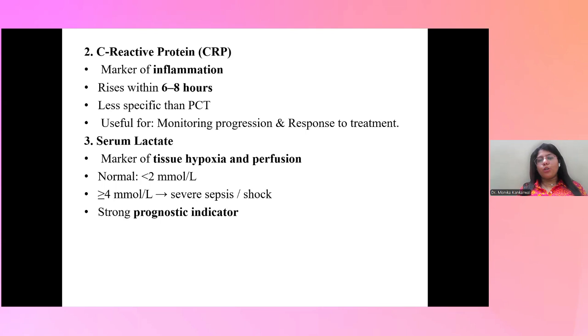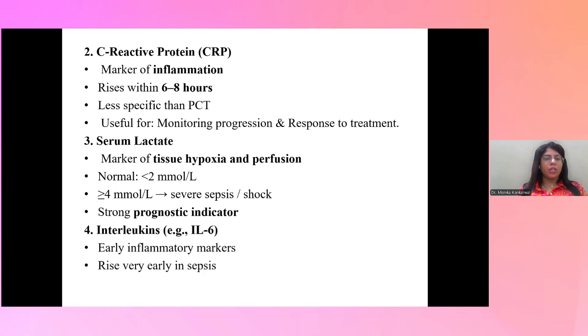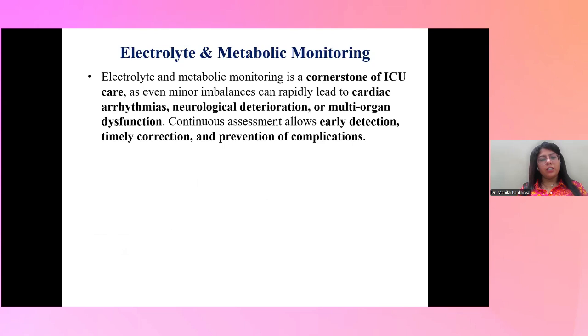It is a strong prognostic indicator of the patient's condition. So we have to consider serum lactate, no doubt. Now the fourth component is interleukin, such as interleukin 6, which is an early inflammatory marker and rises very early in sepsis. So we have to consider that and understand how to give care to the patient.